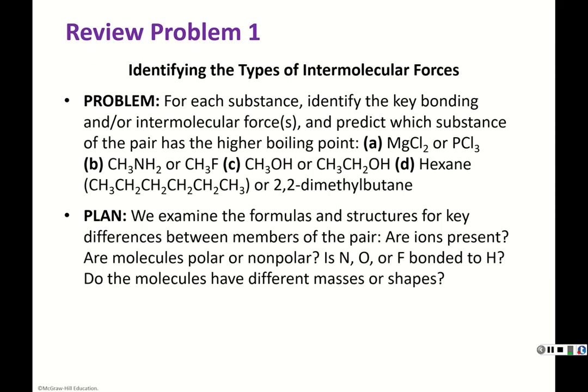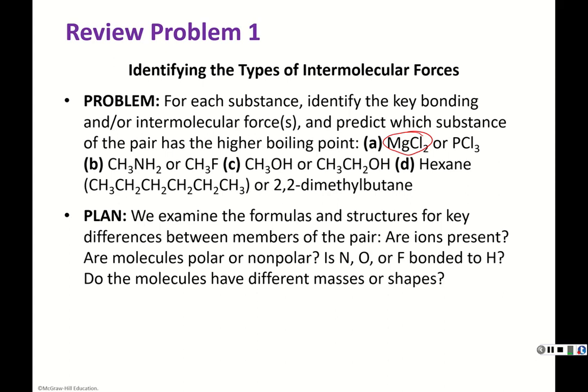PCl3 is polar covalent. So the one with the stronger bonds would be magnesium chloride, because that's where you have the full charge and full charge interaction, and not more of a partial charge with the polar covalent bonds. So the higher boiling point would be magnesium chloride.